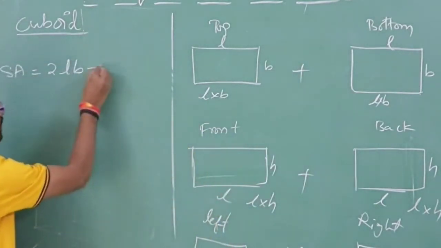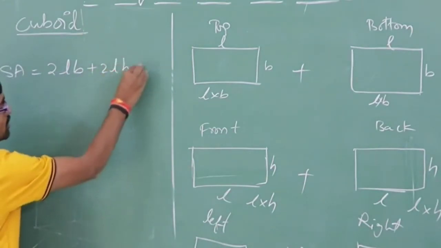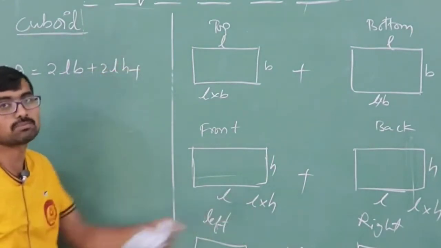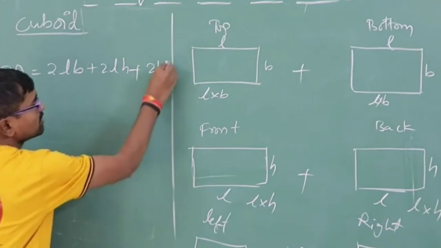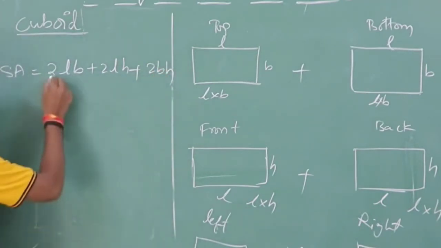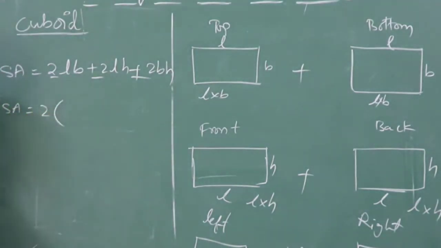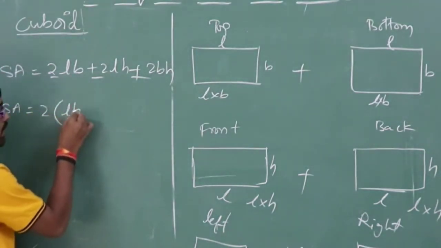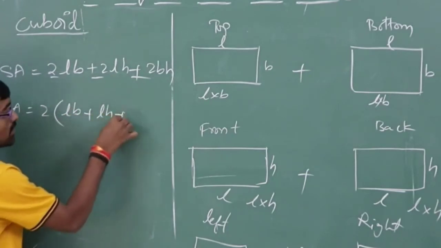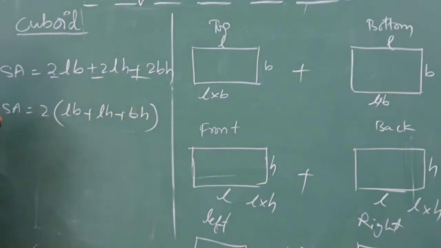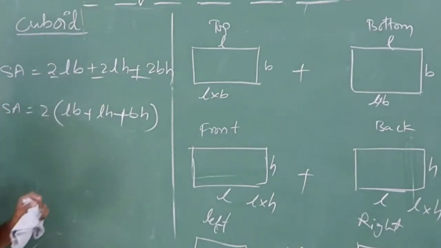LH plus LH, I'll get 2LH, plus BH plus BH, I'll get 2BH. So from all three, I can take 2 common. So total surface area is equal to 2 into (LB plus LH plus BH).